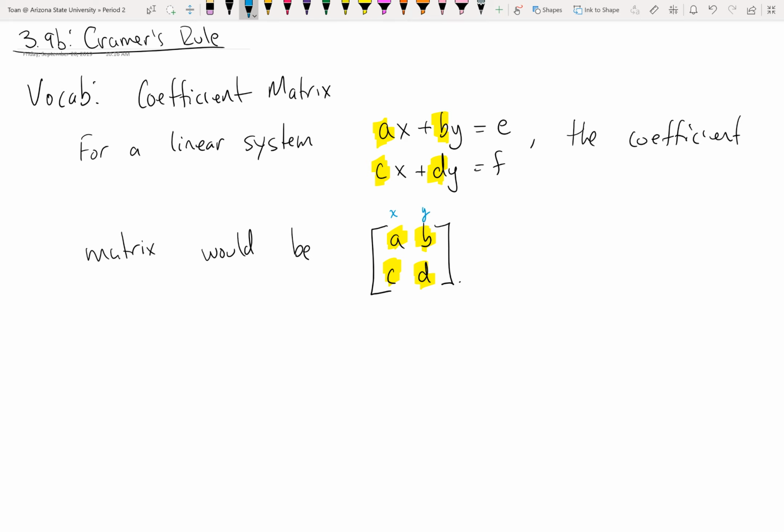So by definition, or rather, let's say this.